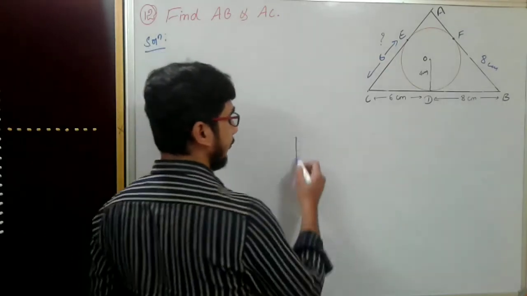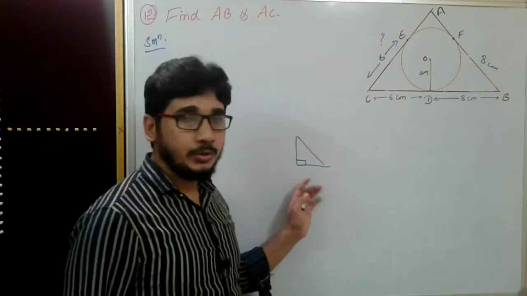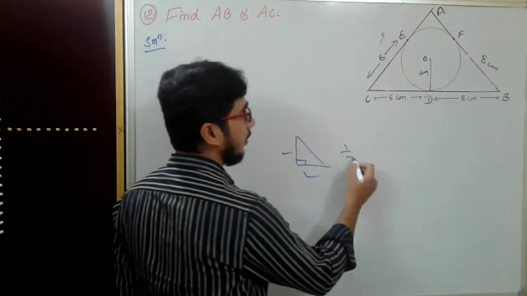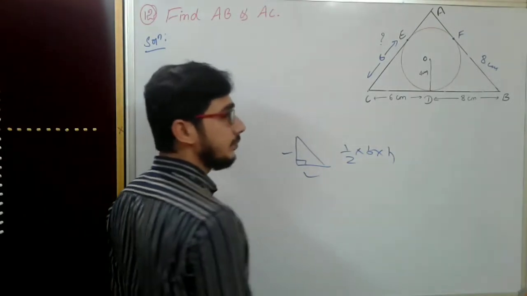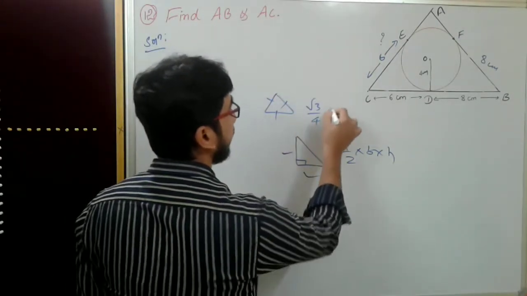Now there is no other option. If this were a right triangle, we have a definite formula: half into base into height. If it is an equilateral triangle, all sides are equal, and the area is root 3 by 4 a square.